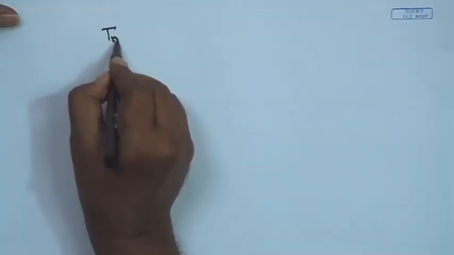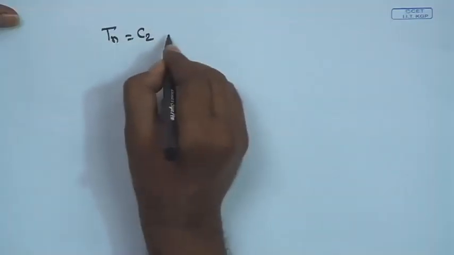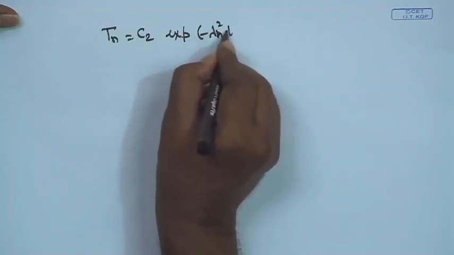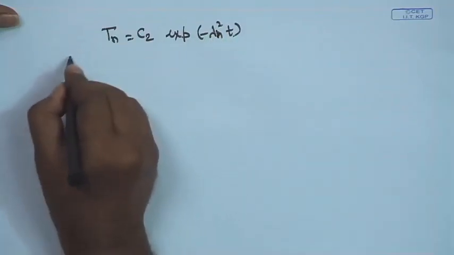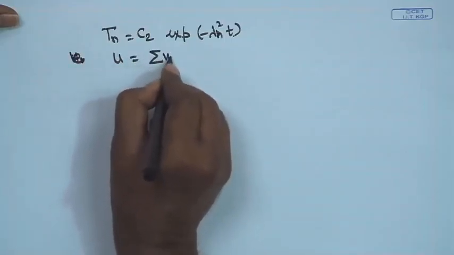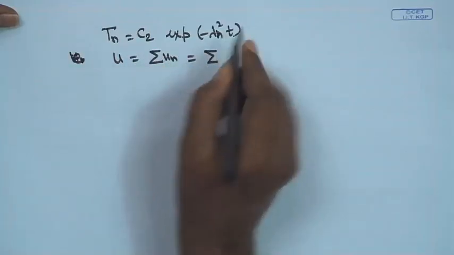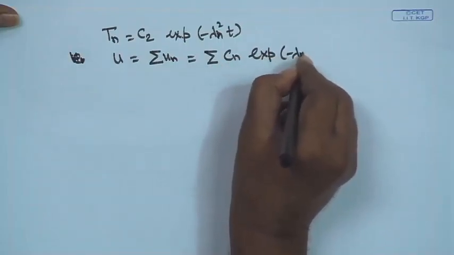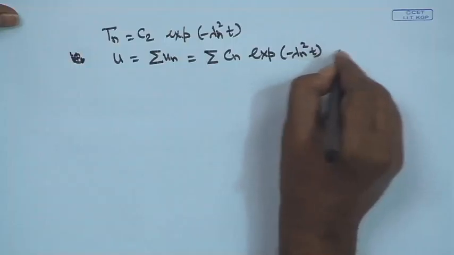Now, the time varying part, as we have seen earlier, remains the same. The time varying part will be Tn equal to C2 exponential minus lambda n squared t, and we can get the complete solution as u equal to summation of un, equal to summation of Cn exponential minus lambda n squared t sin.